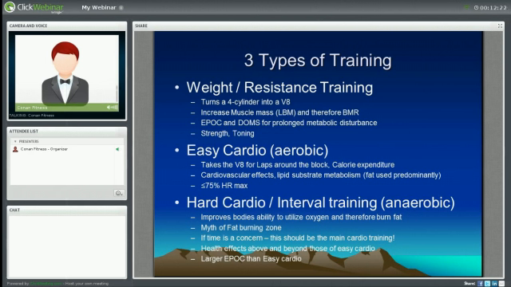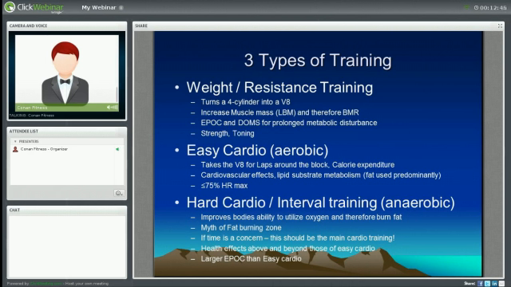Yes, but 60% of 200 is still more than 80% of 100. So we're talking absolute values here. If time is a concern, this should be the main cardio training. When time's a problem, hard cardio is a great way to go because you can still get so many of the easy cardio benefits and even some more in such a short time period. So it's really good from that perspective.